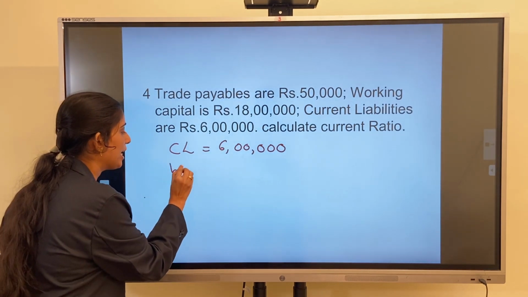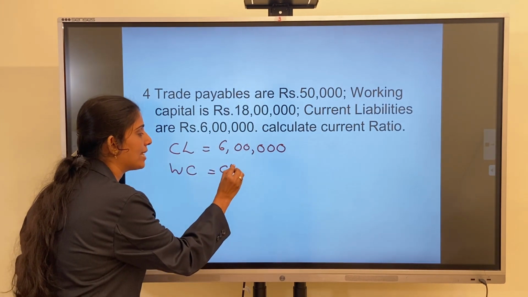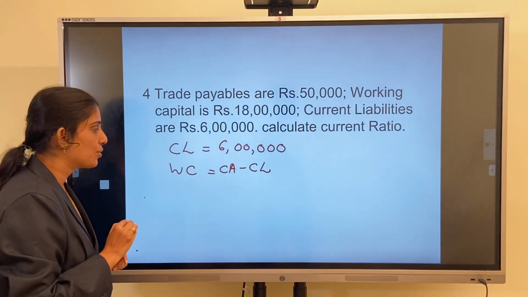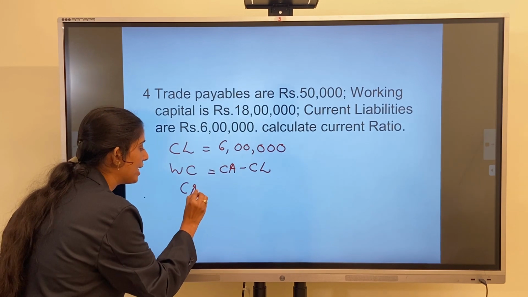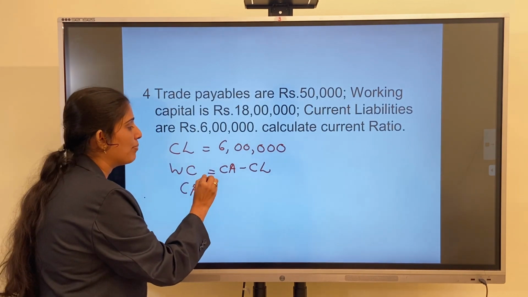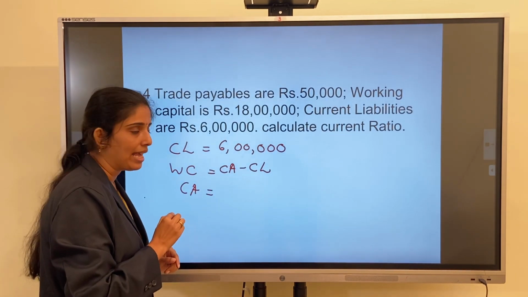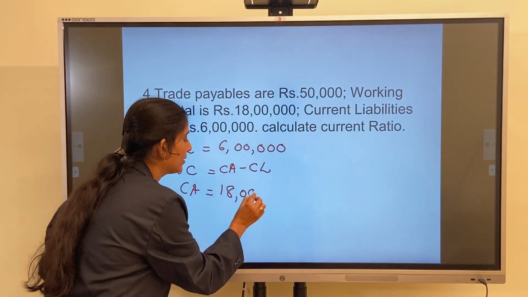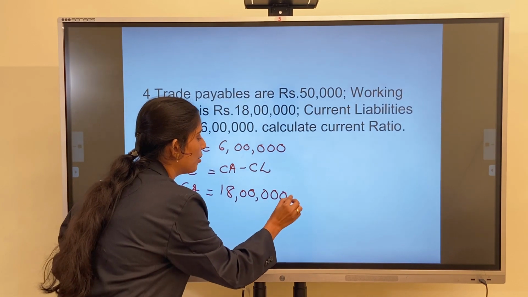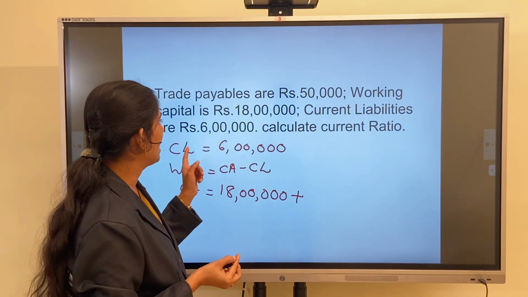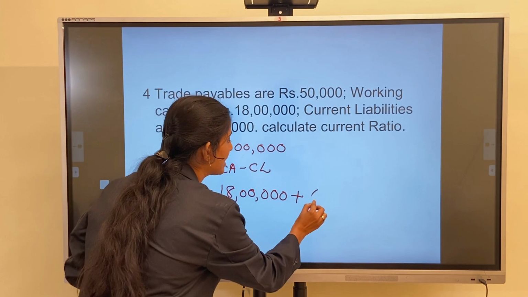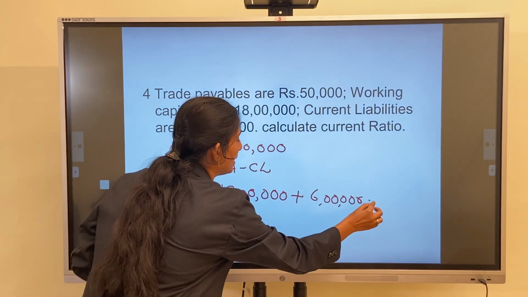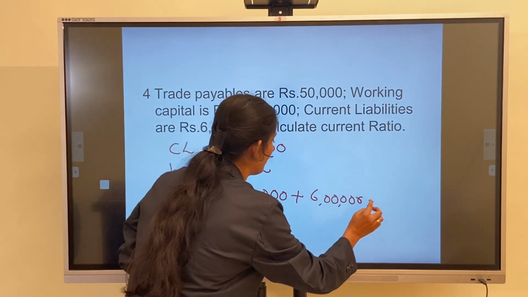Working capital equals current assets minus current liabilities. So current assets equals working capital plus current liabilities. Working capital 18 lakhs plus current liabilities 6 lakhs equals 24 lakhs.